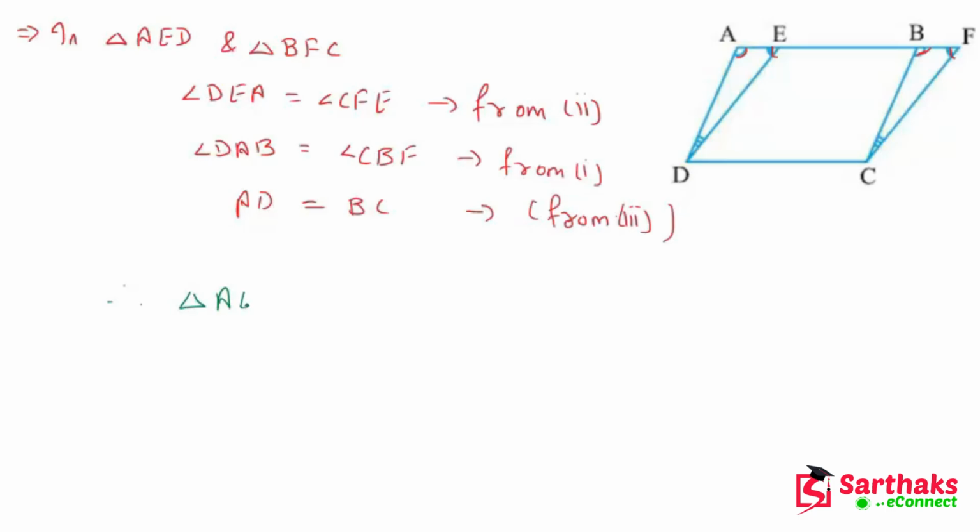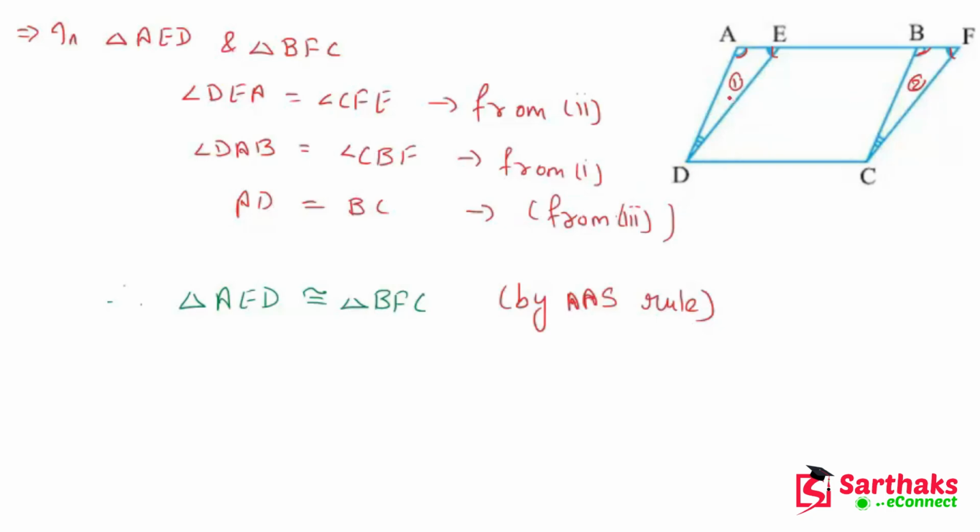So we can write here triangle AED is congruent to triangle BFC. So they are congruent by what? By angle side rule. My dear friends, I hope you understand these things. So now we know that these two triangles, triangle 1 and triangle 2, are congruent.